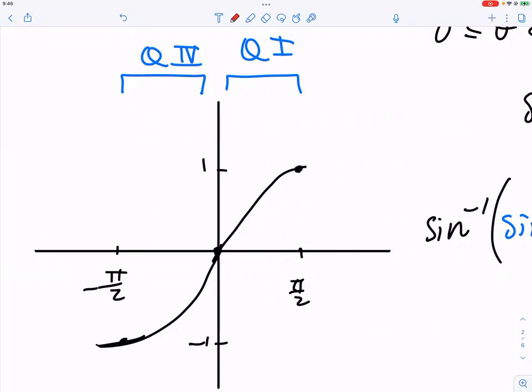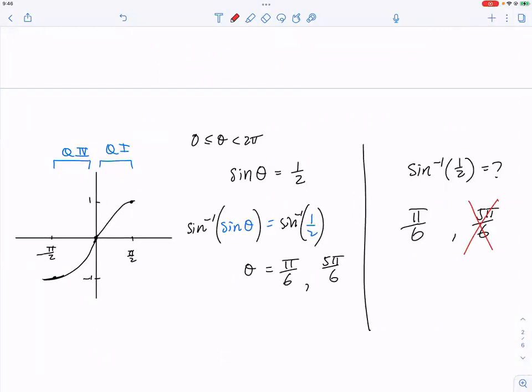And when I wrote down 5 pi over 6, that's in neither of these two quadrants, because 5 pi over 6 is in quadrant 2. So it's out of domain. It's not part of the included domain. So that's why it's not an acceptable answer, and that's why only pi over 6 is the answer. So when I did all these problems back then, I would always get one right and one wrong. And I had no idea.